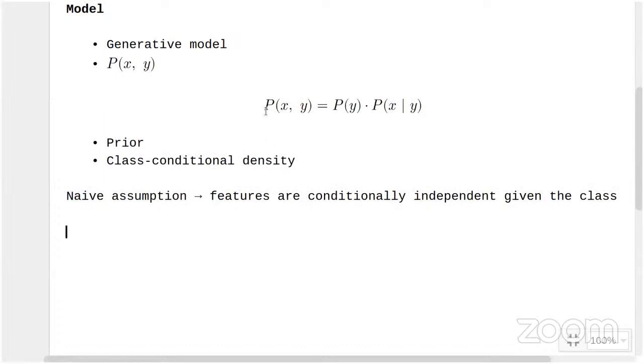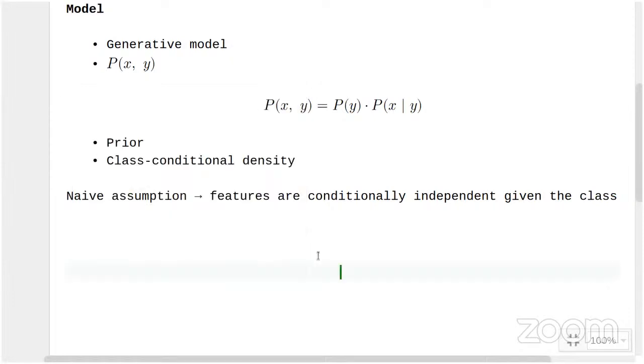So what that means is that for each feature xj, I can model it separately, and this will be the density corresponding to that particular feature.